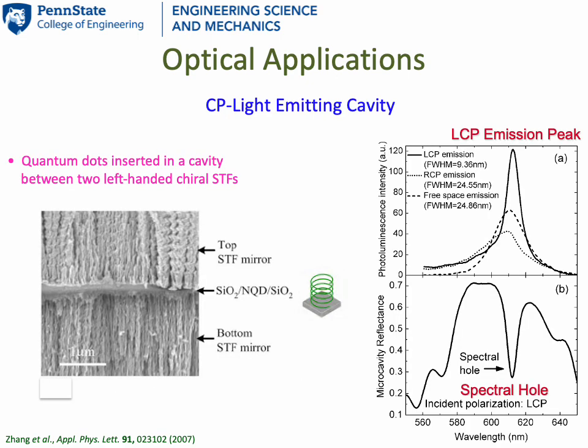Since the chiral sculpture thin film was left-handed, a spectral hole showed up in the reflectance spectrum for left circularly polarized incident light when the quantum dots had not been excited. When the quantum dots were excited, the emission spectrum had a peak for left circularly polarized light.